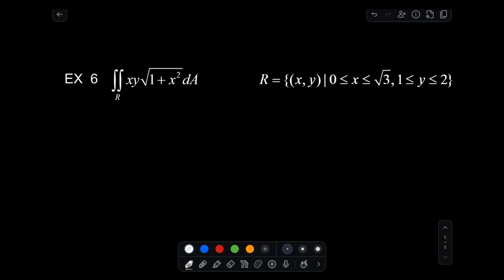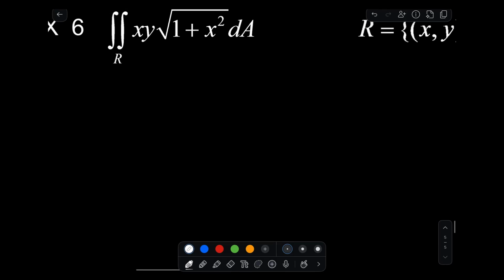So let's see. I think the easiest thing to do first is I could do a u sub immediately, because 1 plus x squared equals u can very easily become 2x dx equals du. And I feel like that would actually be easier for us to do. So let's just do that instead.